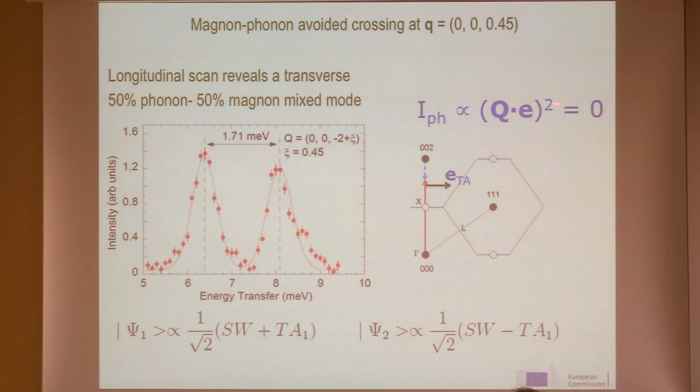The intensity should be 0 because it's proportional to Q dot E squared. Instead, we see in this scan two big peaks of almost equal intensity. Well, this is because what we are observing is the magnetic component of the mixed mode. Or if you want, the polarization of the phonons at the anti-crossing is changed from linear to circular.